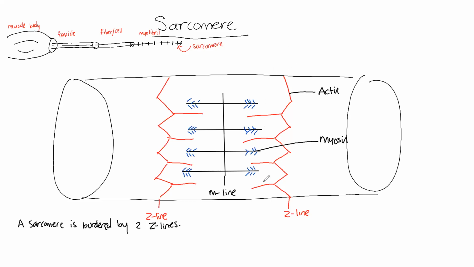And if you look here, the area where there's no overlap just yet, this is called the I band. Right, so we've got two I bands on either side here. Only thin filaments, no overlap.